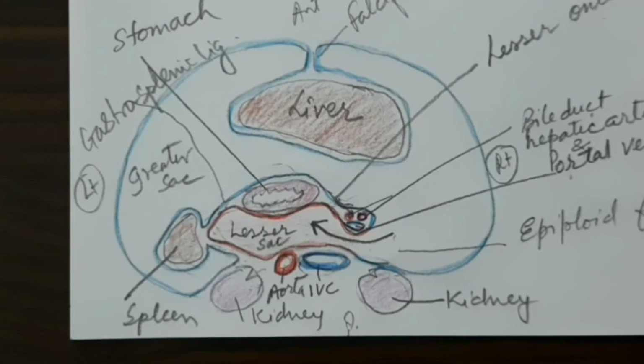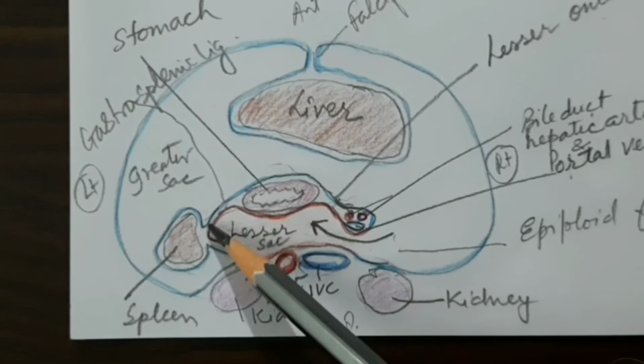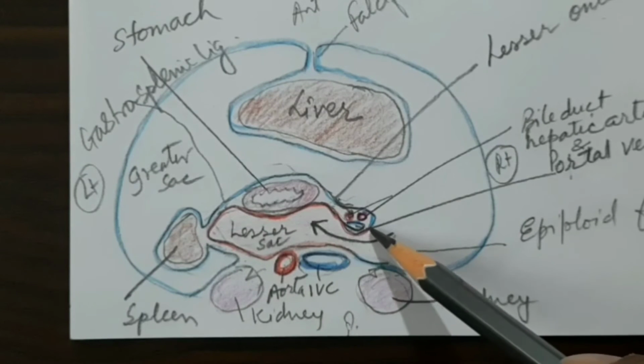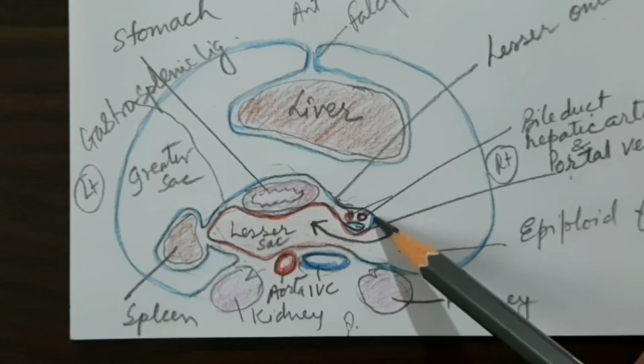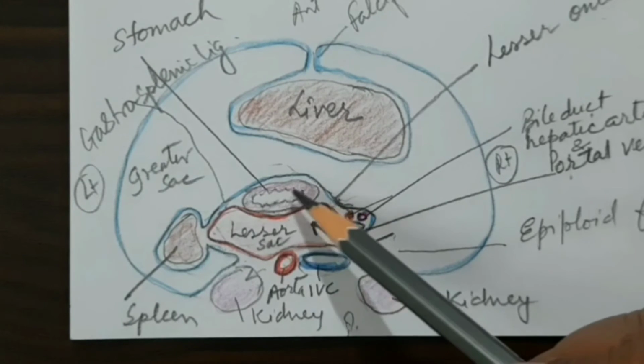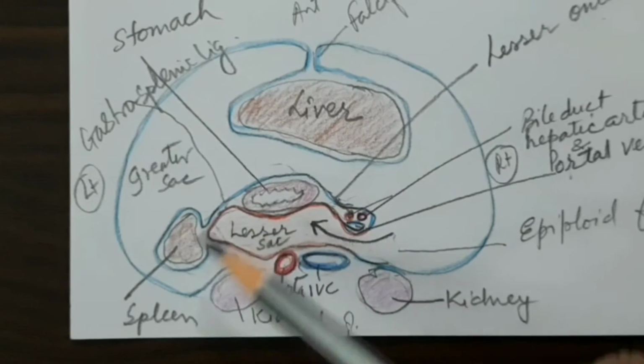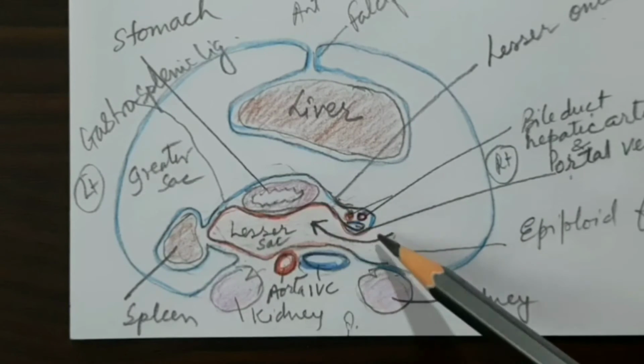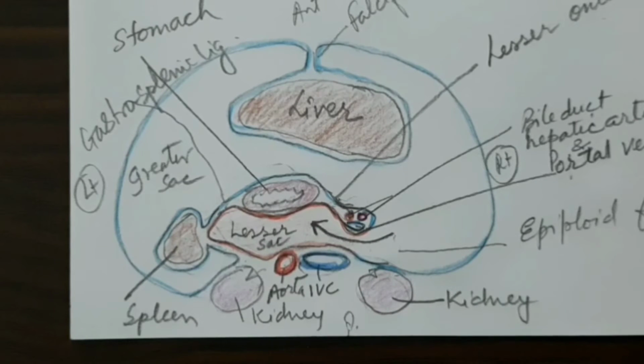And here you can also see that the anterior boundary is also formed by the gastrosplenic ligament. So right from the free margin of the lesser omentum, the stomach, and the gastrosplenic ligament, they form the anterior boundary of the lesser sac.